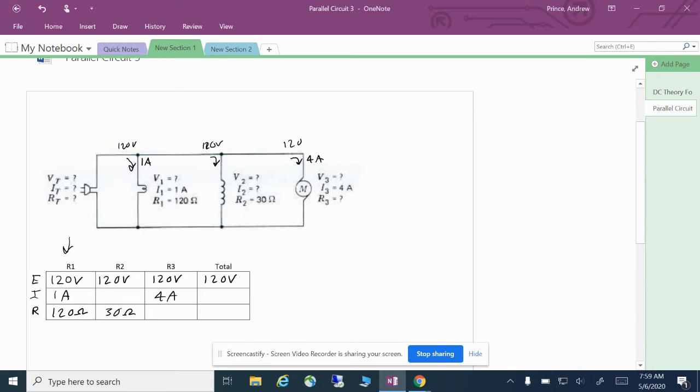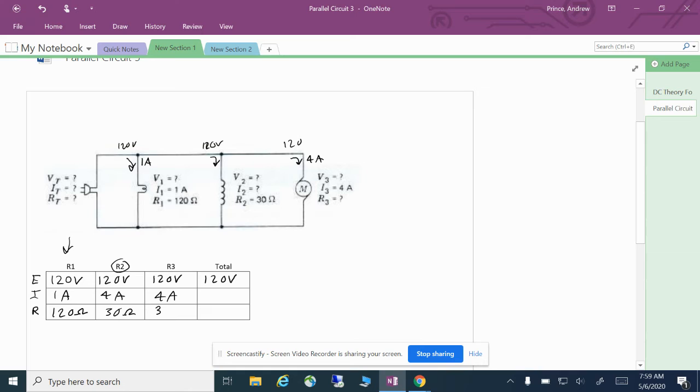So if we take 120 and using Ohm's law divide that by 30 for resistor 2 here, we get 4 amps. And I can see that the resistor 3 is going to be the same, because if I divide 120 by 4 amps, I should get 30 ohms.